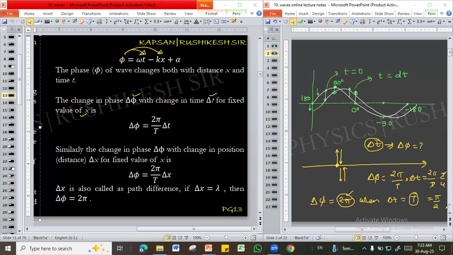It will change its phase by pi by 2. If it was 0, it will become pi by 2. If it was pi by 2, it will become pi. Is this clear? Yes. So this is the formula for change in phase in time interval equal to delta t.